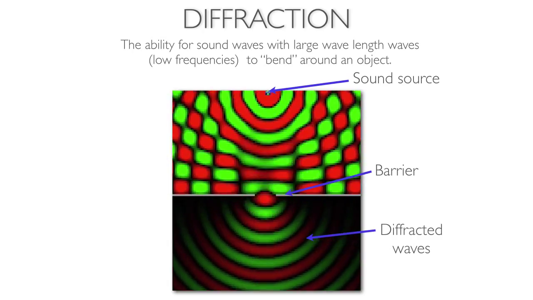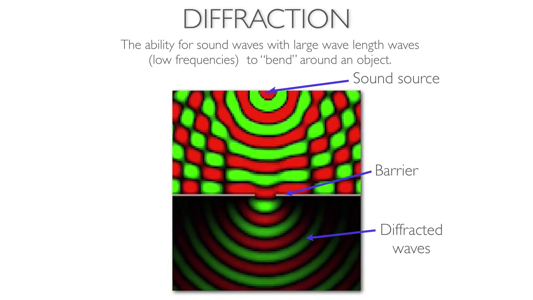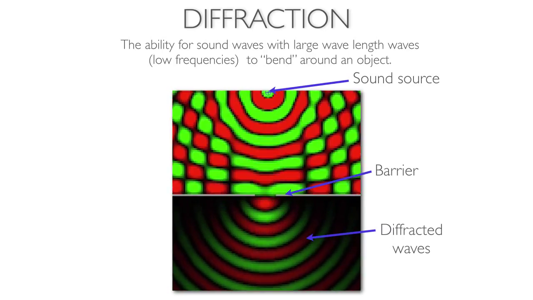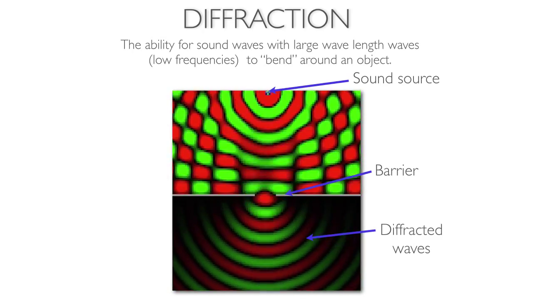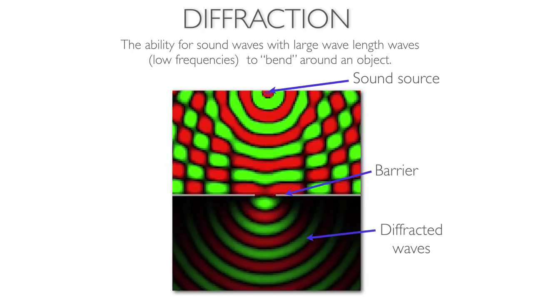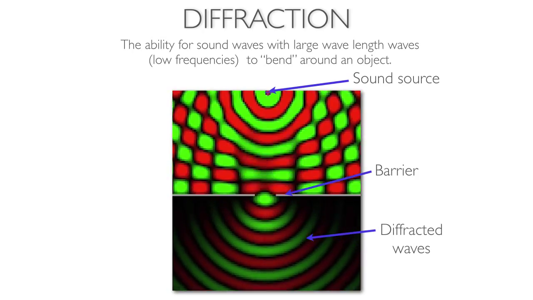You would still hear the bass guitar pretty clearly, but some of the cymbals may not be as loud as they would be if you were standing right in front of the door. Because the bass guitar, being low frequencies, would bend around and the higher frequencies wouldn't. So those low frequency waves can diffract around corners.